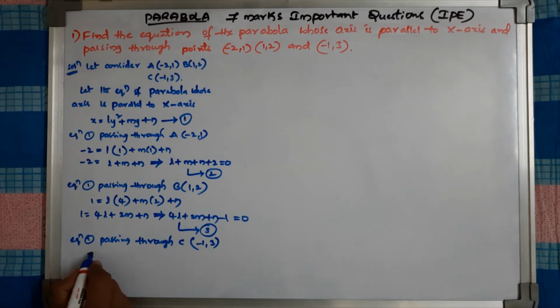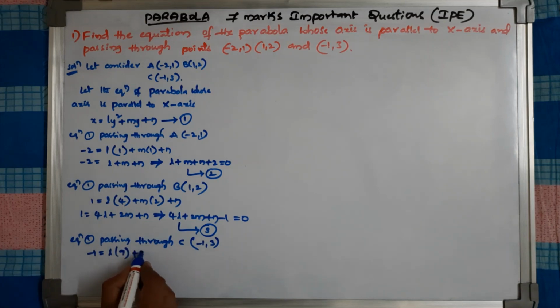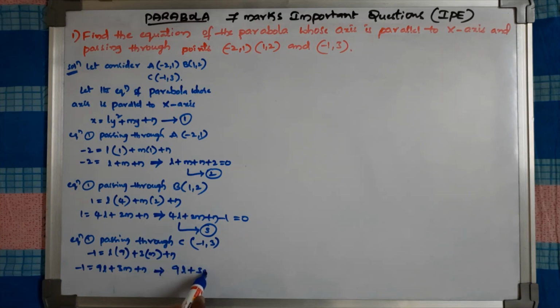You get -1 = l into y², 3 square, that is 9, plus m into 3, plus n. -1 = 9l + 3m + n. This becomes 9l + 3m + n + 1 = 0. Consider this as equation number 4.